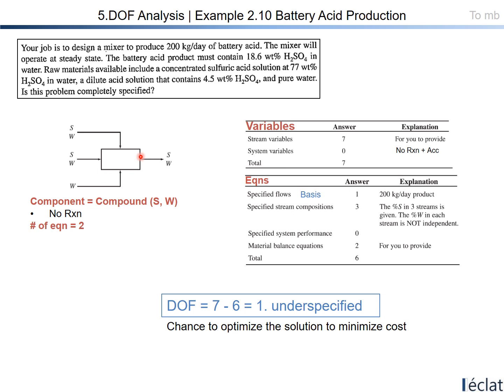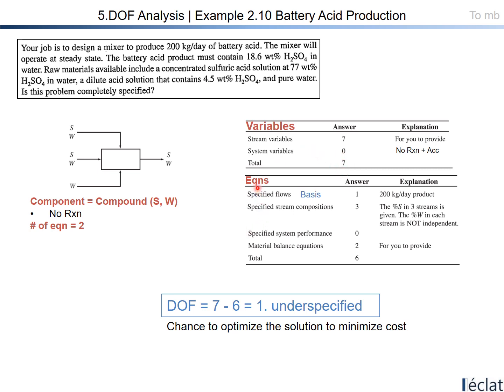Also, there are no consumption terms because we don't have any reactions. So you would have zero system variables because of no reaction and no accumulation by the textbook method. And then the total number of unknowns is 7.